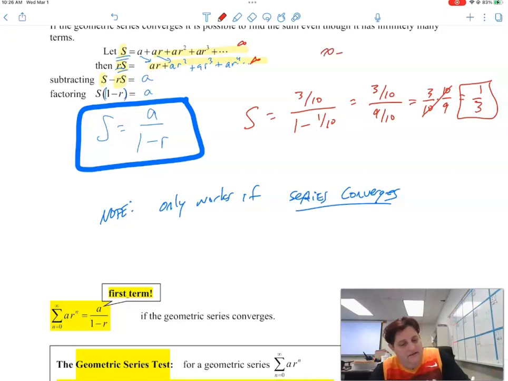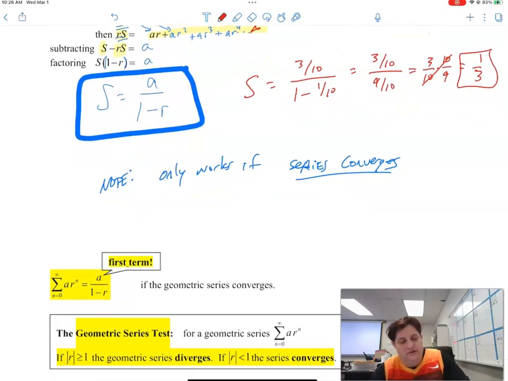We know that infinity minus infinity is indeterminate. So we can't say that it is going to work. It's only going to work if the series converges. And how do we know if the series converges? Well, this series will converge if every time it gets smaller.